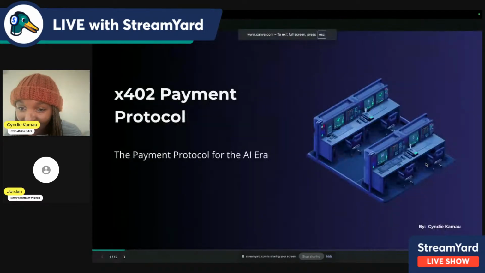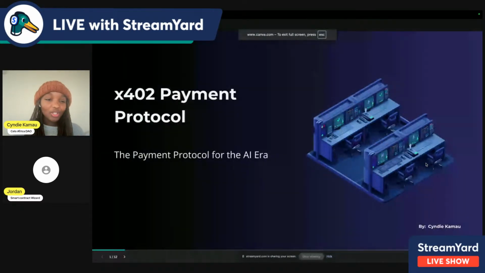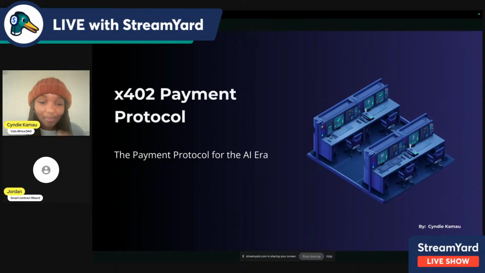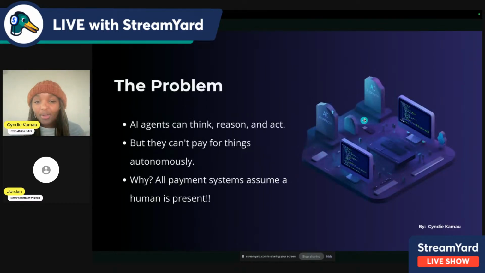Present full screen. So, x402 payment protocol, the payment protocol for the AI era. Before we go into the history of how x402 came to be, the problem we had before the x402 system is that we are entering the machine era. We are encountering agents more and more in our lives, and they are becoming very complex.